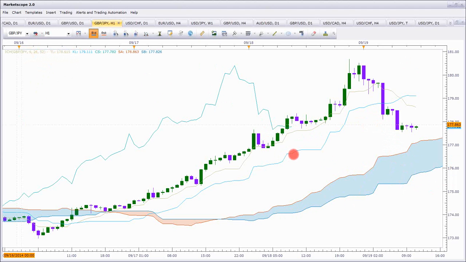So the Kijun line, or the baseline, the blue line over here, is the average of the highest high and the lowest low within the past 26 candles, right? So from here, you count 26 candles, and you don't need to do the calculation, but this line shows that average. And then the Tenkan line is the average of the highest high and the lowest low within the past 9 candlesticks.